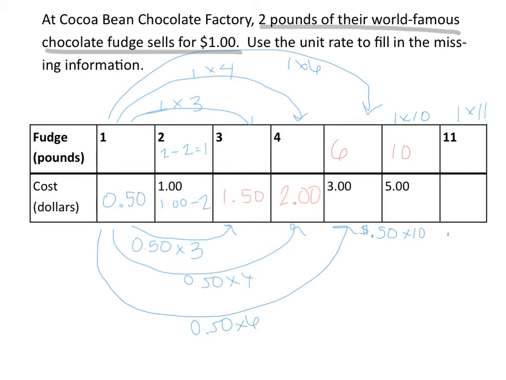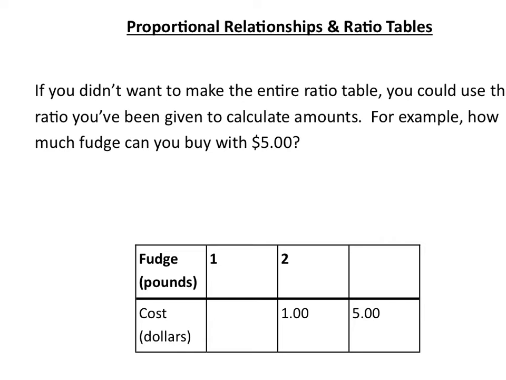So to figure out the cost, it would be 50 cents times 11, which we know would be $5.50. So we found our unit rate, and then we were able to use that to fill in whatever information we needed for any amount of fudge or any cost.